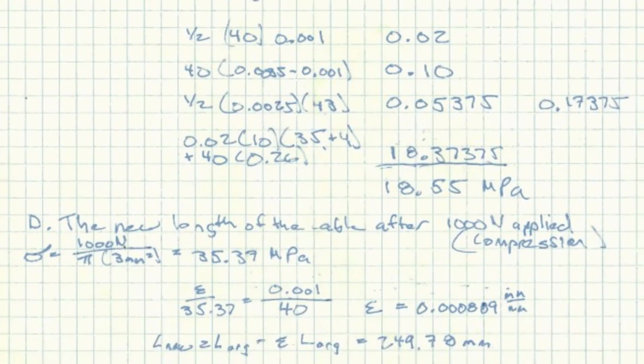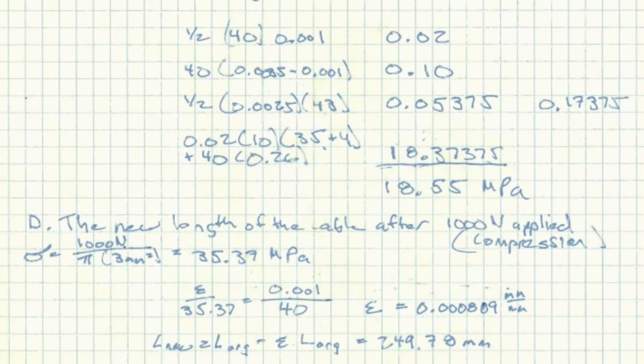So then we'll have the strain, which we're looking for for this sample, divided by its stress, which is the 35.37, and that's equal to the strain at the point of yield, which is 0.001, divided by 40, which is the stress at yield.